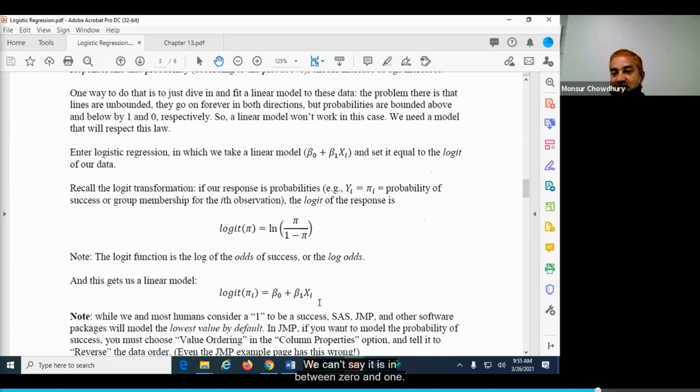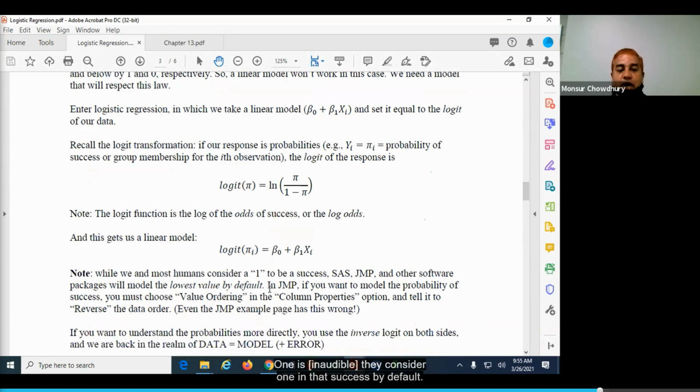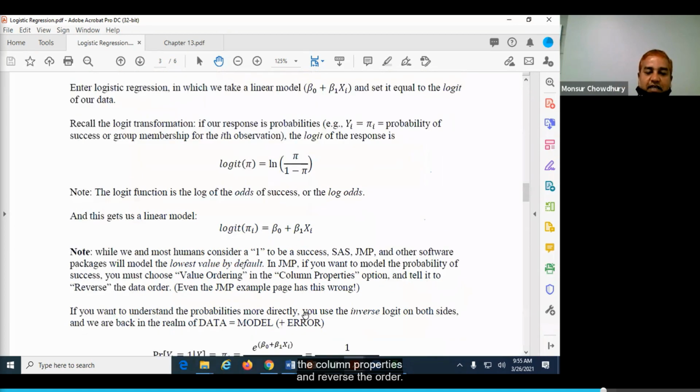In JMP, by default they consider 1 the success, and the lowest value is the reference category. You can change the reference category by using the value ordering column property and reversing the order.